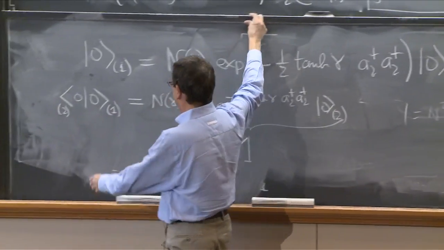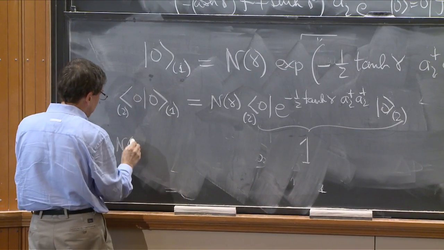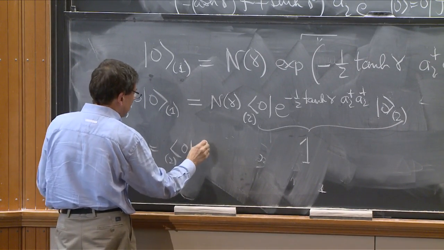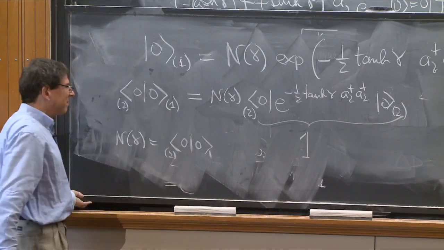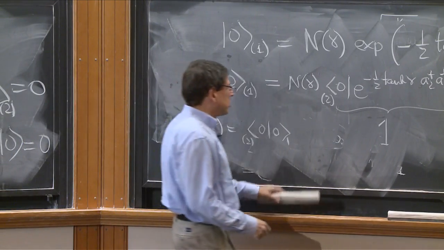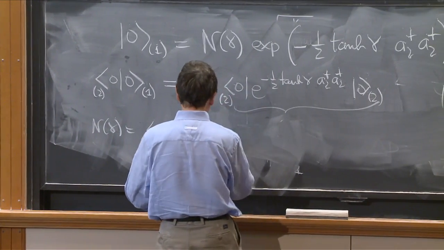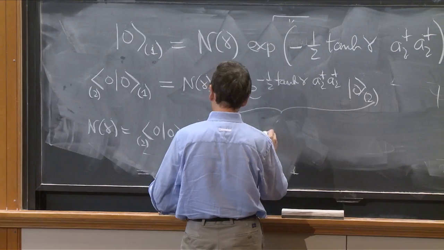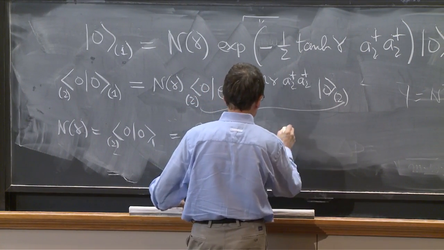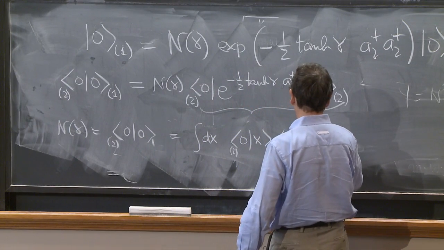So n of gamma is the inner product of 0, 2 with 0, 1. But what is that? If you introduce a complete set of position states, the x, this is 0, 2, x, x, 0, 1.